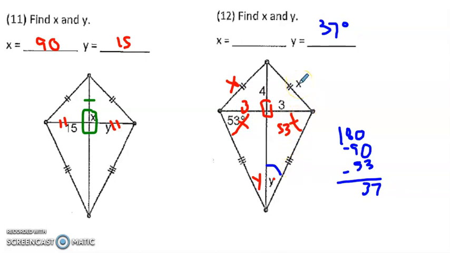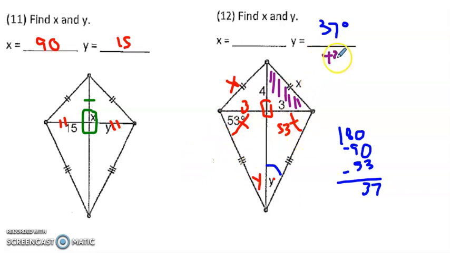For x, this one here, hopefully you saw how to do this one, but this is one of those I found in years past. Students are not really sure what to do with it. We have a right triangle, and we have two sides of a right triangle. So to find the third side, we would use the Pythagorean theorem.